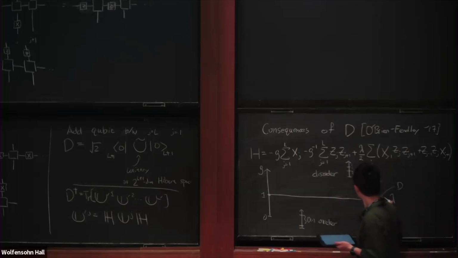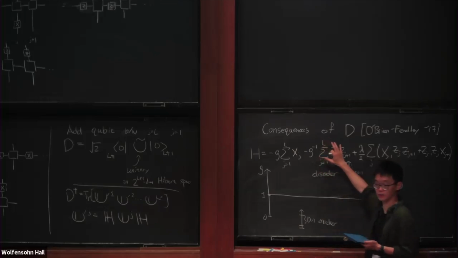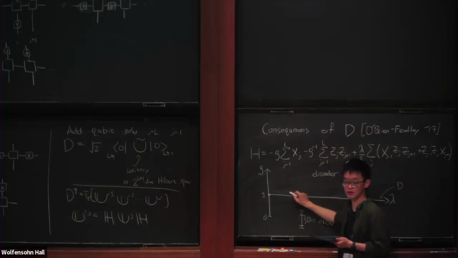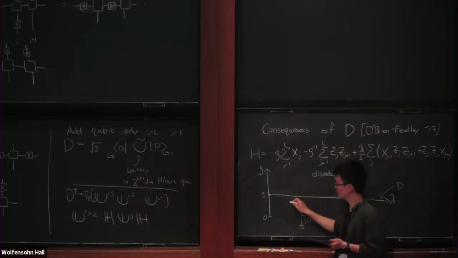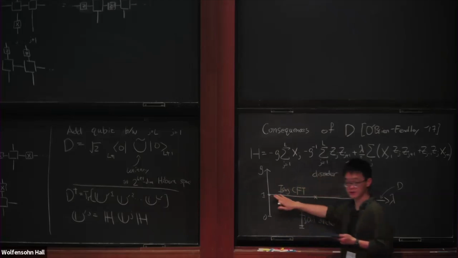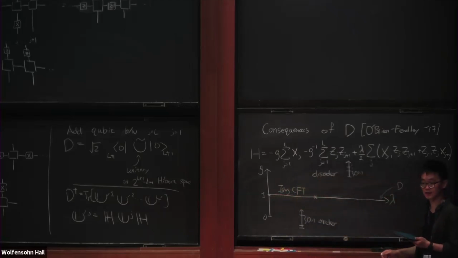So that means this lambda deformation, which is the lattice deformation, whatever it corresponds to, must be irrelevant to leading order. So it means that there's an open window here where the phase stays as the Ising CFT.